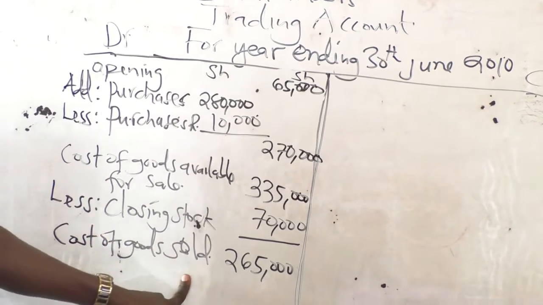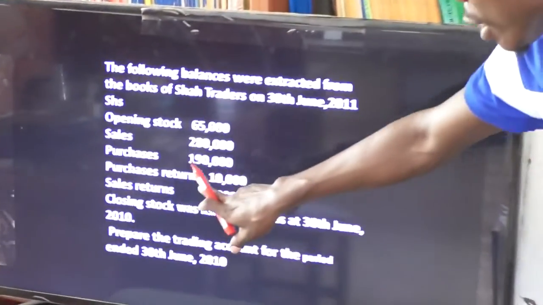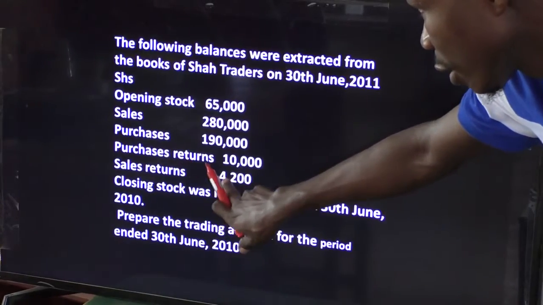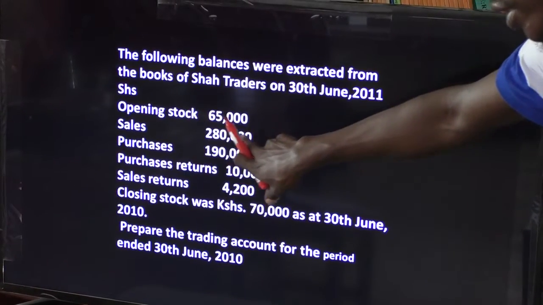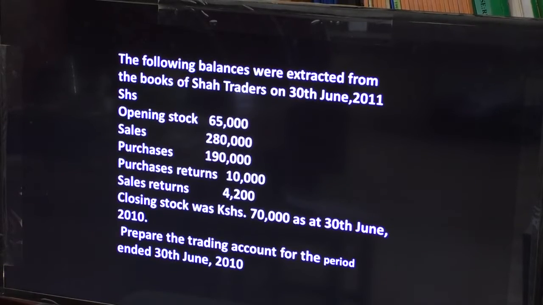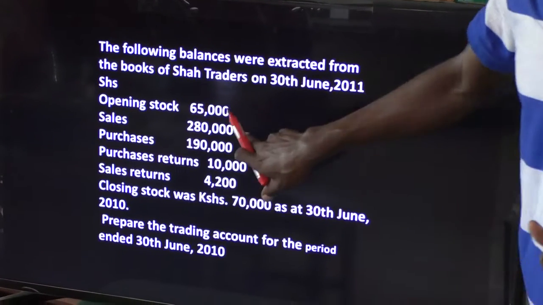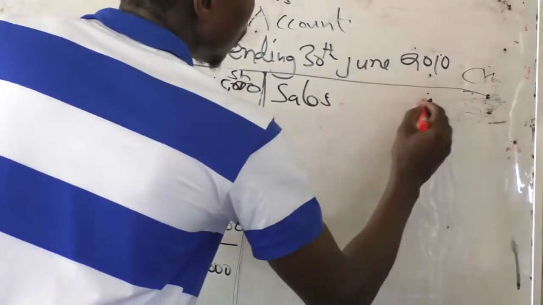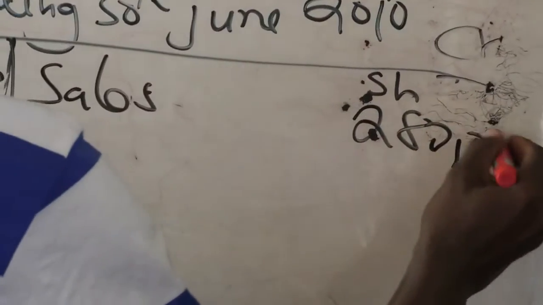So out of this there was a sale. If you go back here, we are told that the sales, this is sales return. Sales was 208. There is a little mistake that we have done there, but we are going to rectify it. So the sales, check here, was 280.